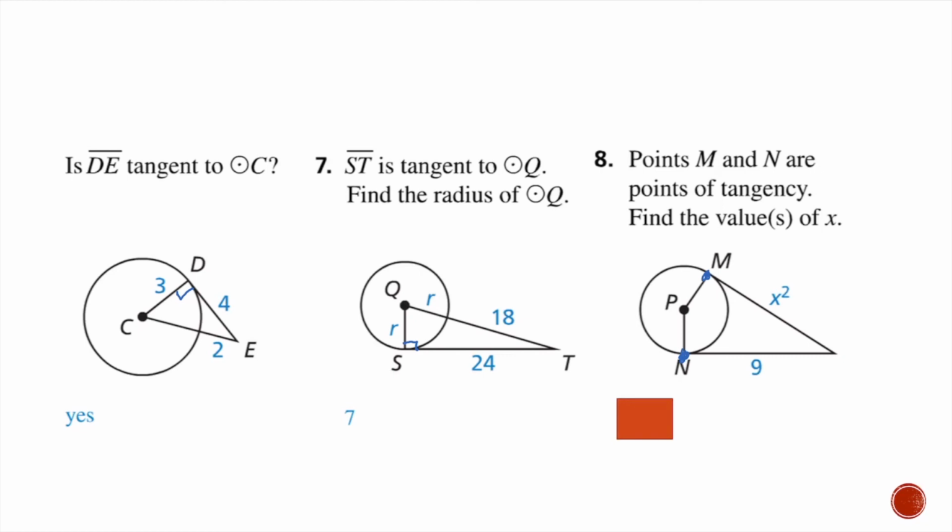Points M and N are points of tangency. That is also important because you know that these are tangent and they're coming from the same point. So x squared is equal to 9. Take the square root of both sides, plus or minus 3 for x.